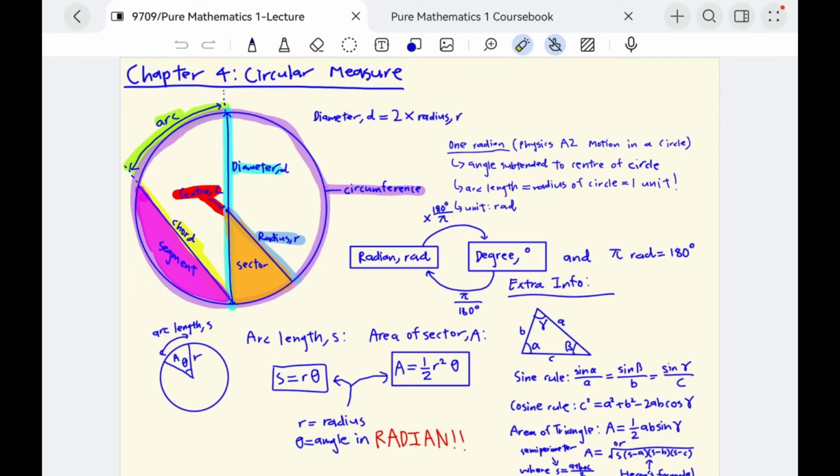Alright, here is a summary of this chapter 4, circular measure. Okay, so basically, you need to know all the properties of the circle, including the parts, like arc, segment, chord, center, diameter, radius, sector, circumference. And then you need to know this relationship, and the deduction of pi rad equals 180 degrees.